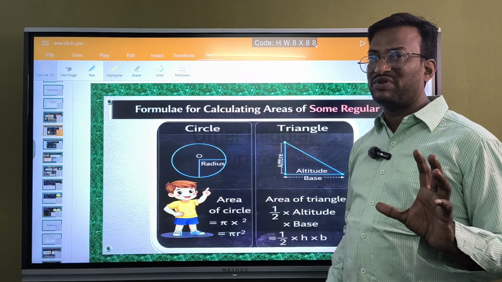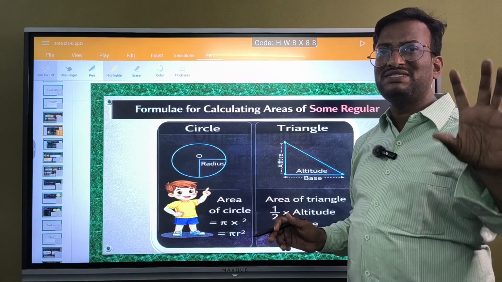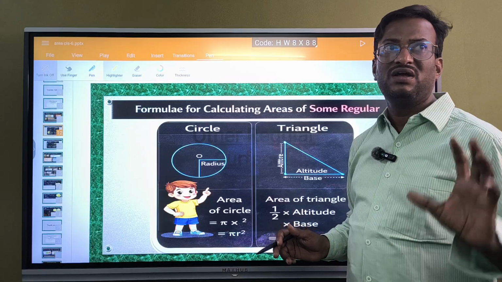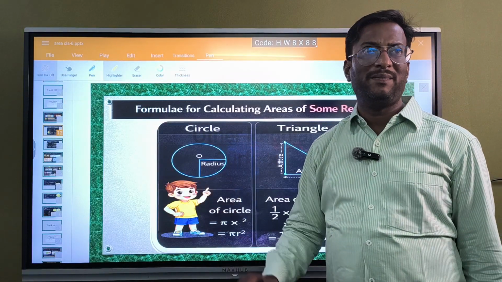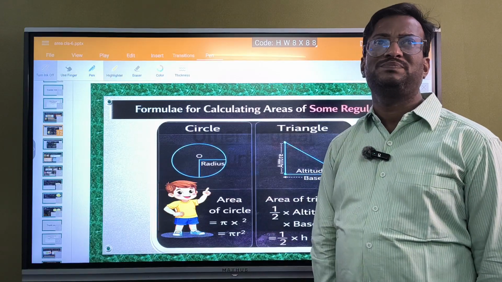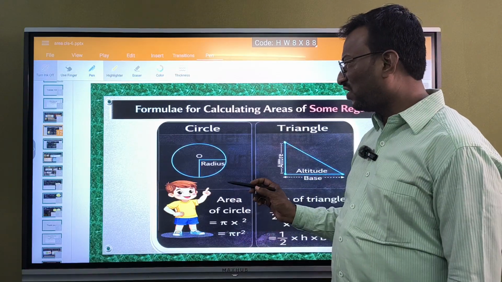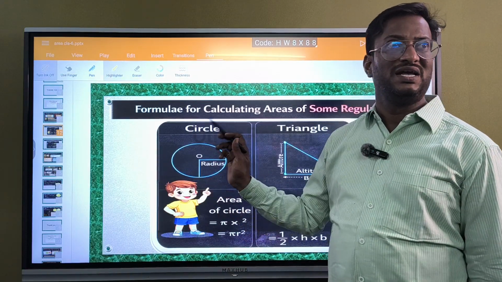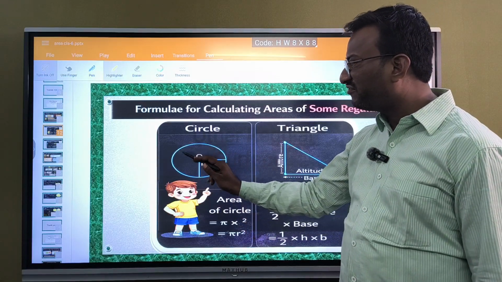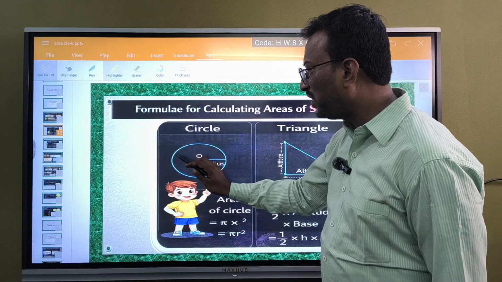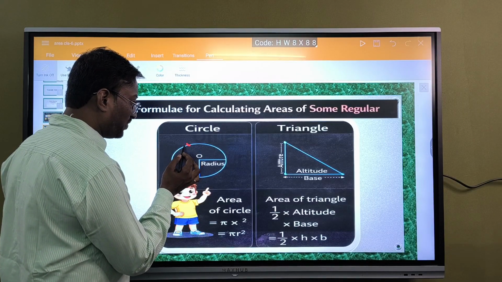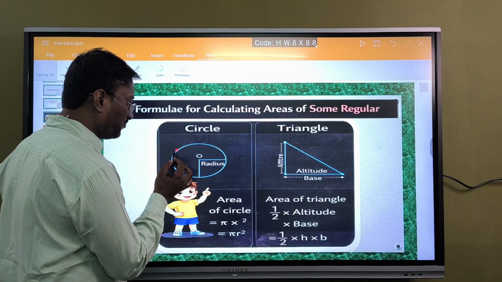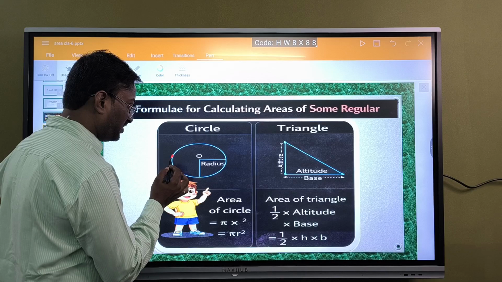Sphere, there is a lot of difference between circle and sphere. A sphere is a three-dimensional concept, just like your ball. So what is a circle? A circle is a two-dimensional geometrical shape consisting of all points in a plane that are fixed. See, how are we going to get a circle? We are going to get a circle by adding all points. 1, 2, 3, 4, 5, 6, 7, 8.